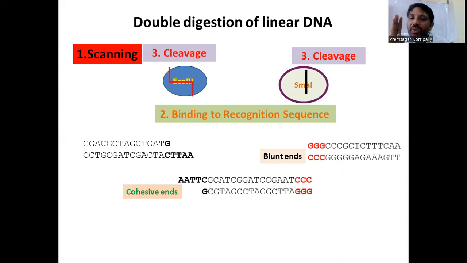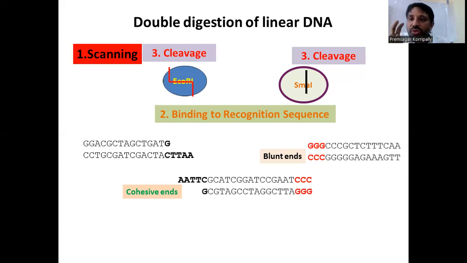Hence, it can give three DNA fragments. As I told you, linear DNA will give three fragments, means the number of recognition sequences plus one extra fragment, right? Here, you use two enzymes for the digestion of the same DNA fragment. Hence, it is called double digestion.